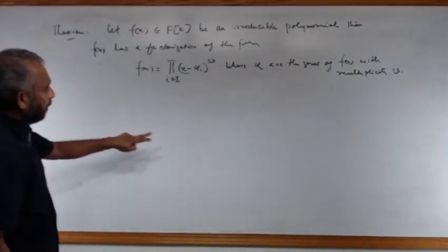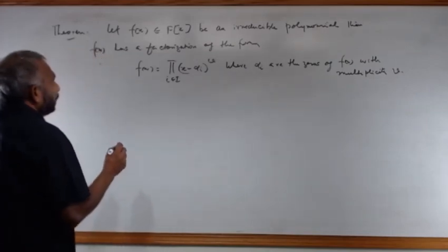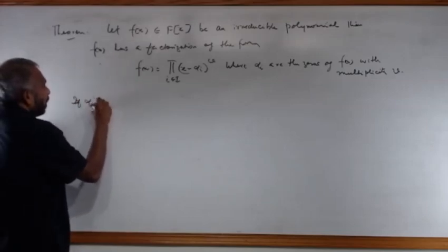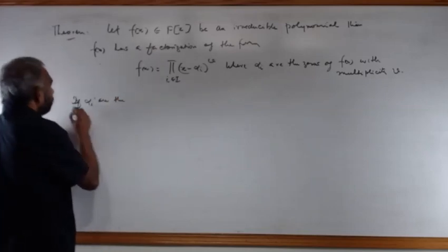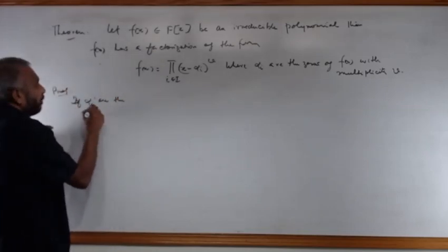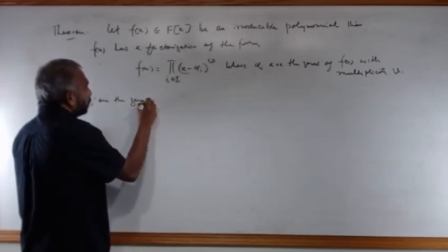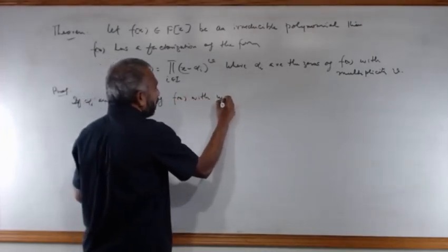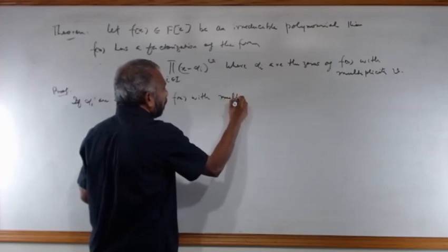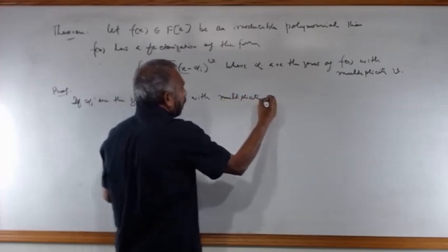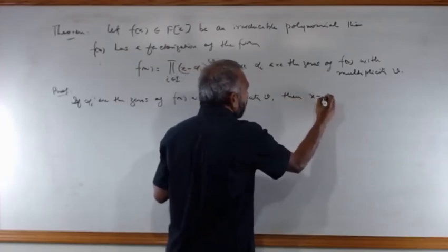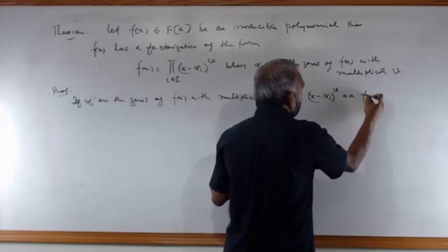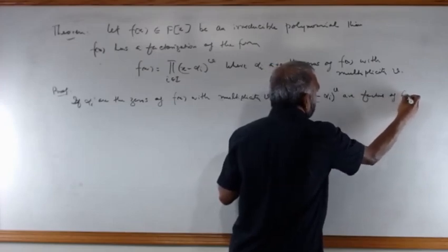It's a very straightforward result from the previous result. So if alpha i's are the zeros of f(x) with the multiplicity v, then (x minus alpha i) to the power of v are factors of f(x).